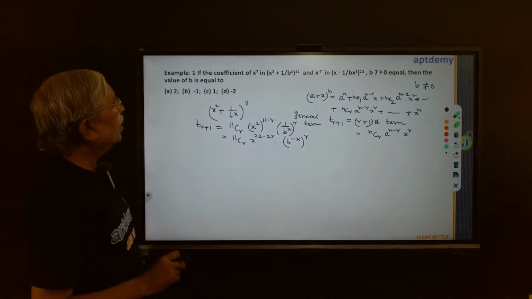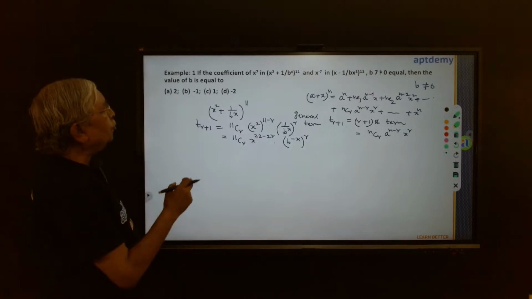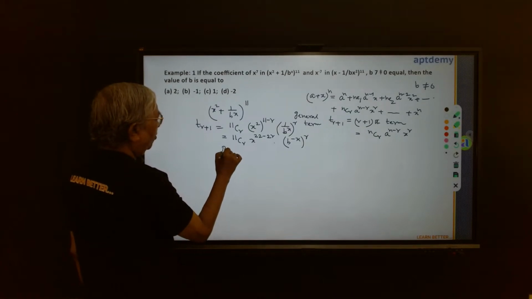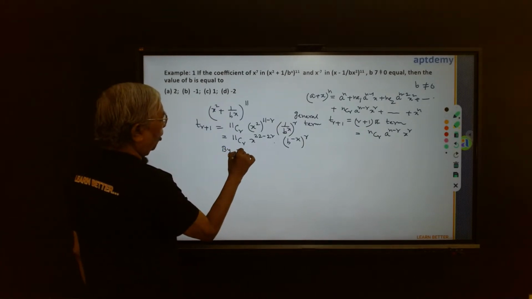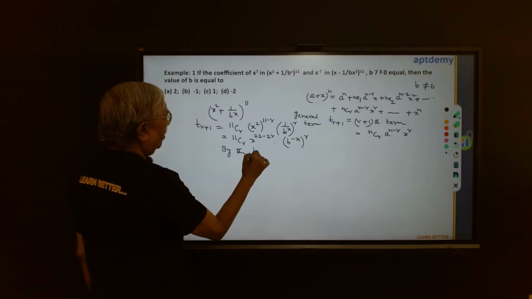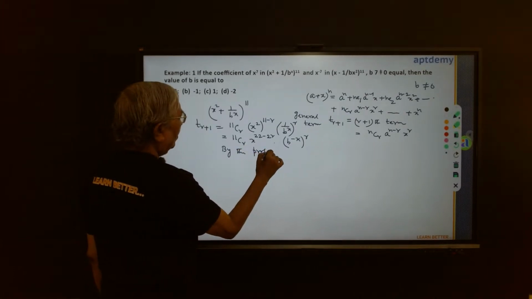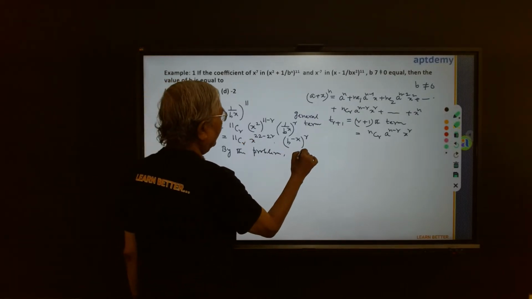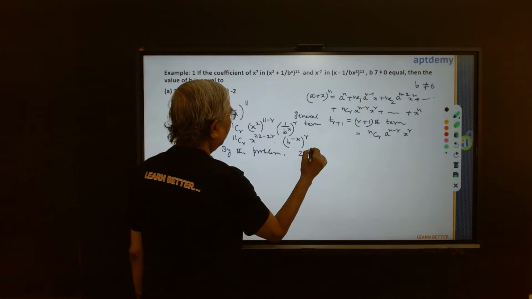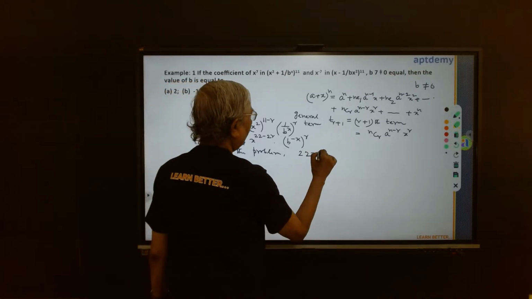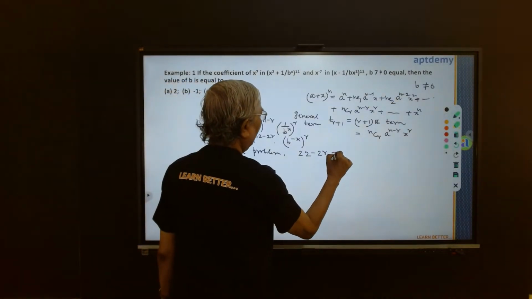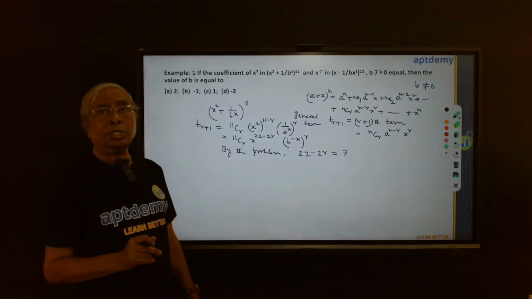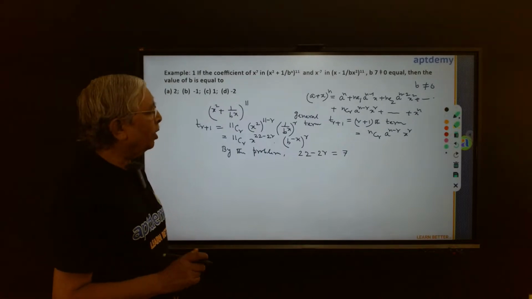What is given? The coefficient of x to the power 7. So by the problem, we want the coefficient of x to the power 7. Here the power of x is 22 minus 2r minus r, that is 22 minus 3r, which must be equal to 7 by the problem, as we want the coefficient of x to the power 7.